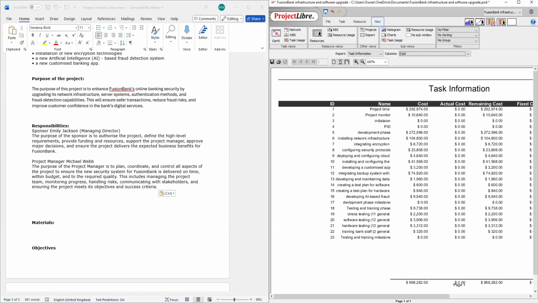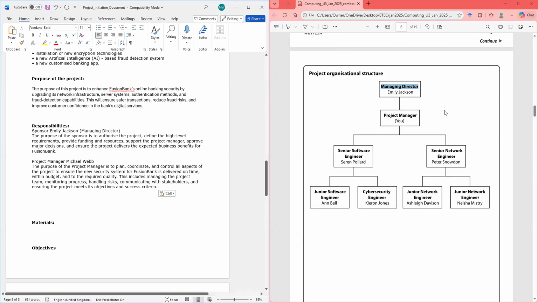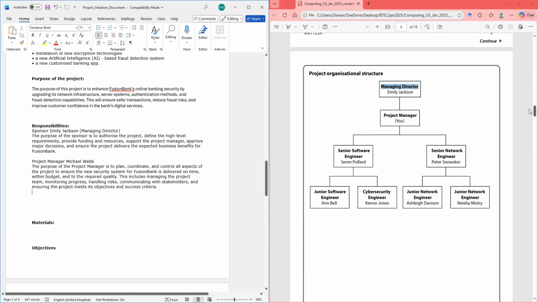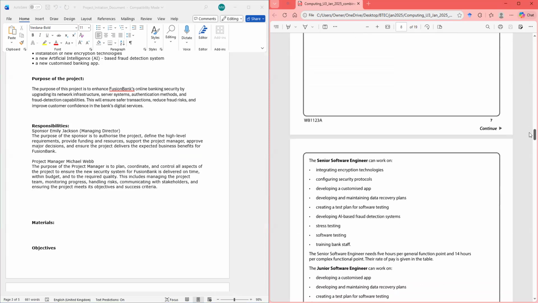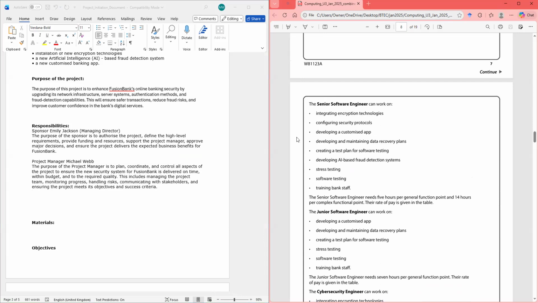You can use the Gantt chart, or I usually recommend you just scroll down to here, because whatever they're doing here, they're doing it on the project also.